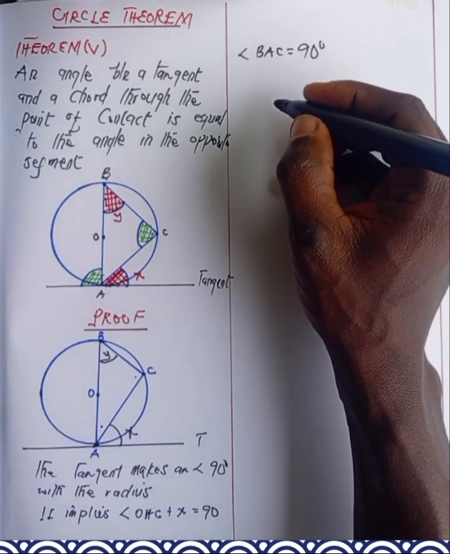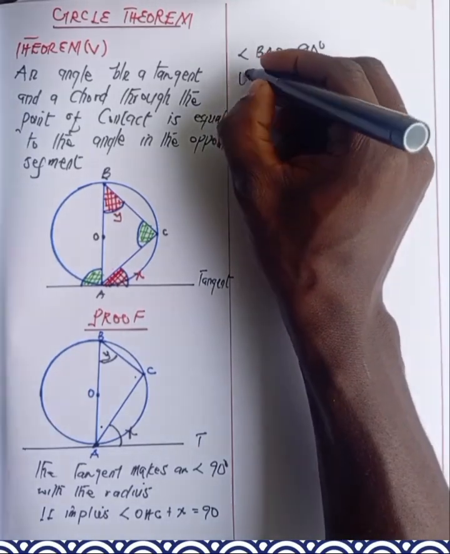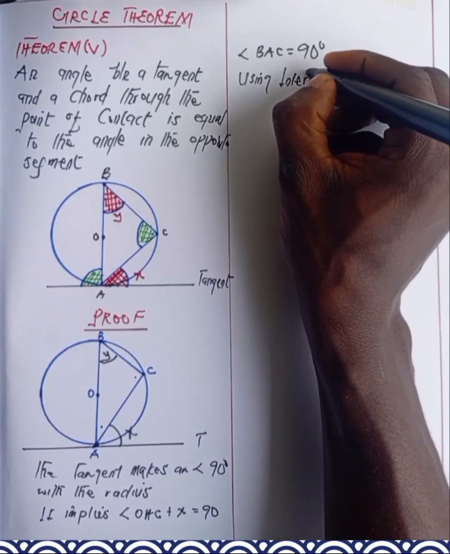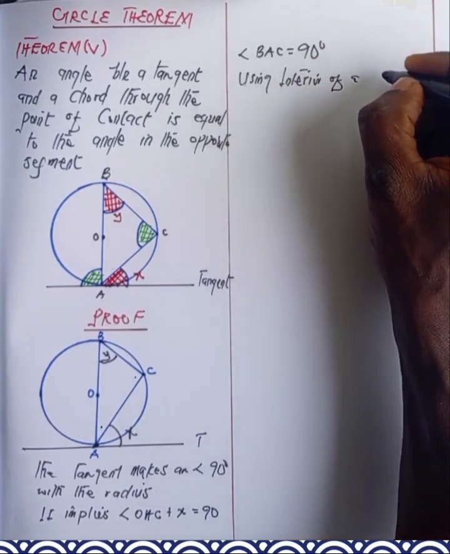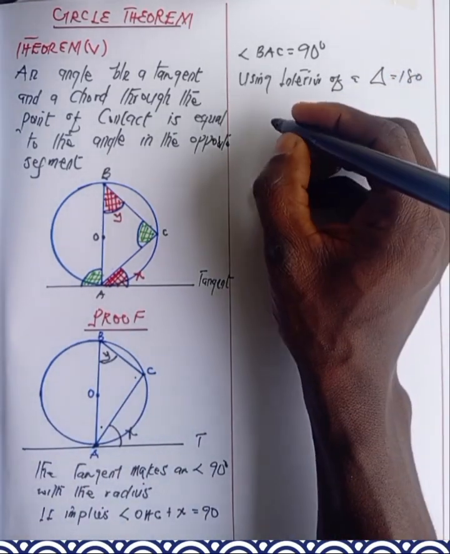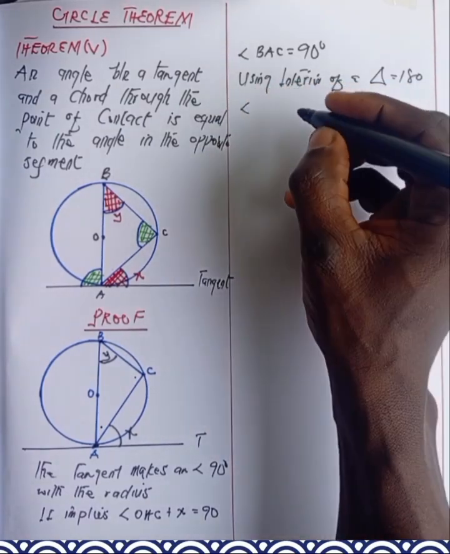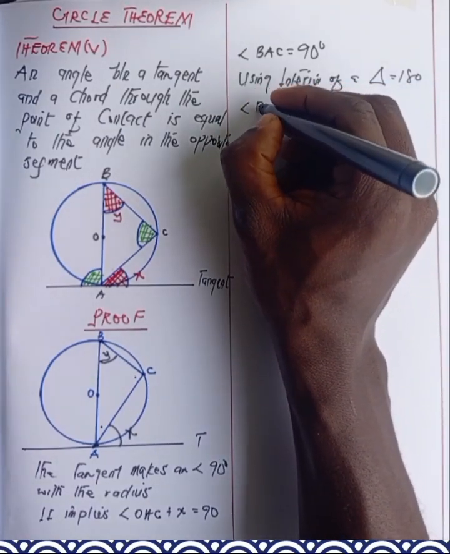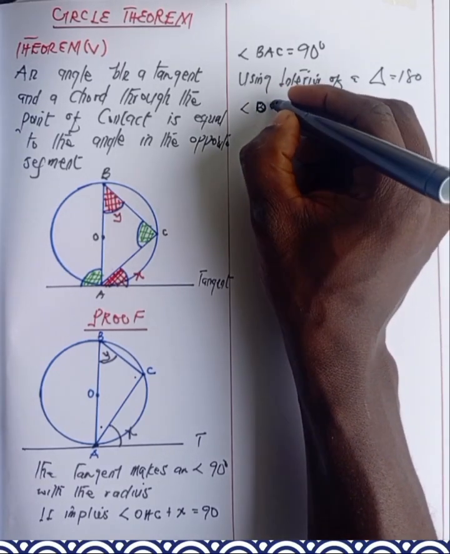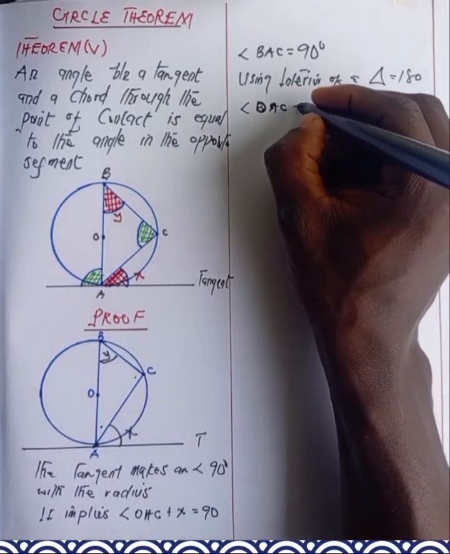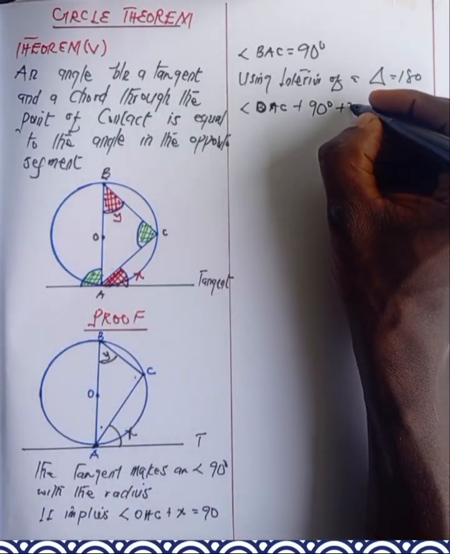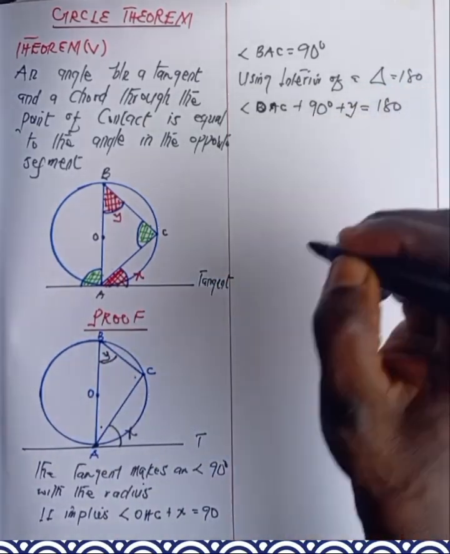So, using the interior angles of a triangle, angle OAC, which is this angle, plus 90 degrees plus y should give us 180.